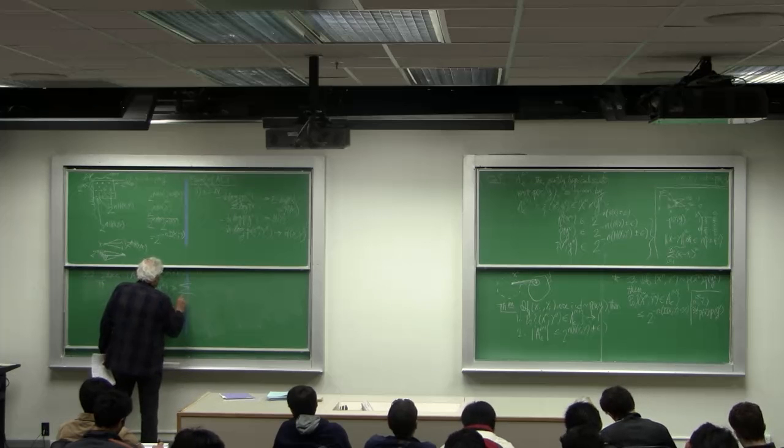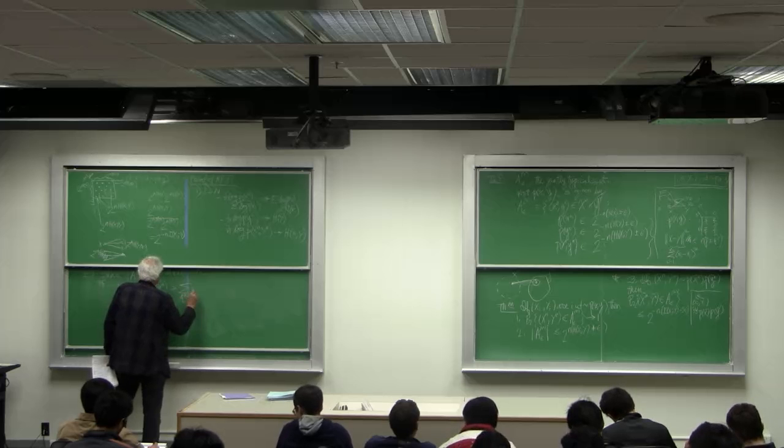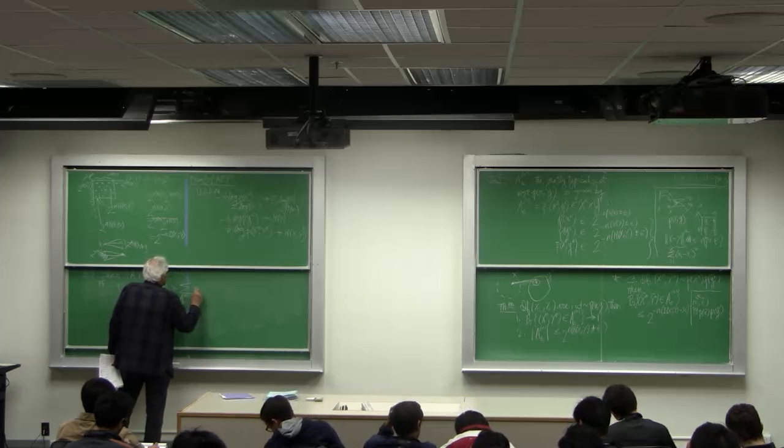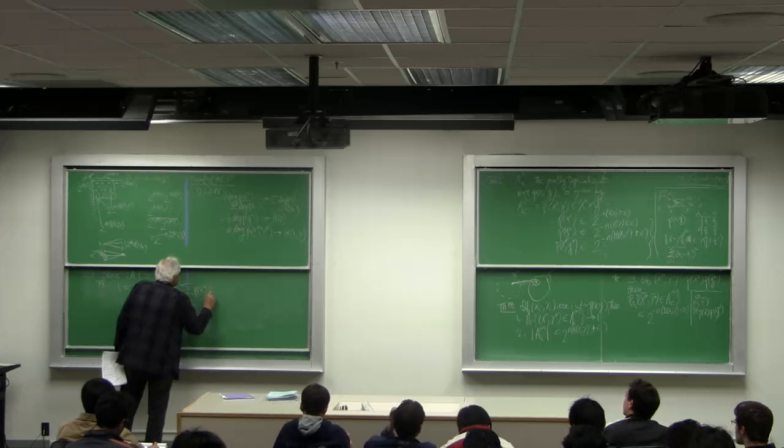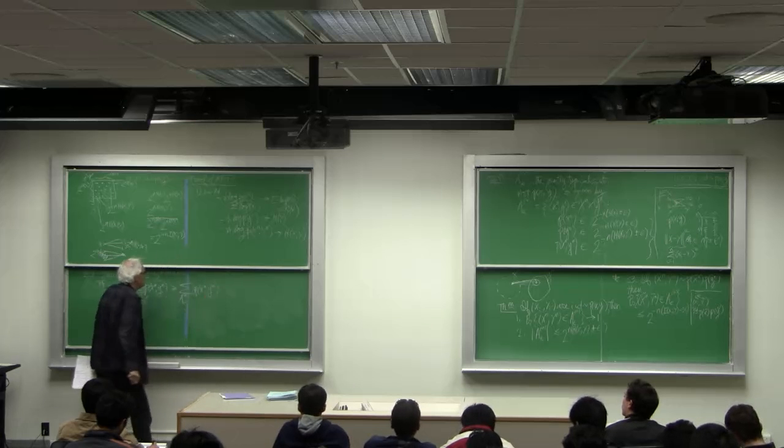So this is the sum over A epsilon super n of p of xn yn. Okay?